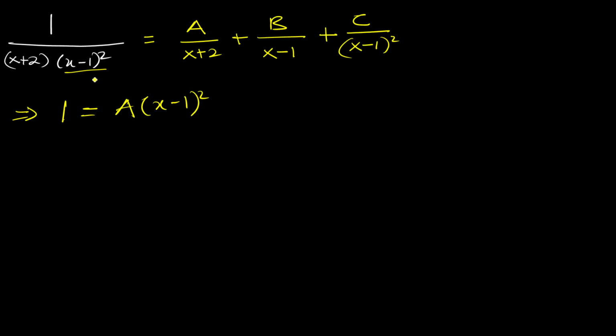Remember we have x minus 1 all squared, and therefore x minus 1 will remove one of these, so I'll be left with B times (x minus 1) times (x plus 2). Then the last one, C: we have x minus 1 all squared, so that removes this. So my C will be times (x plus 2).